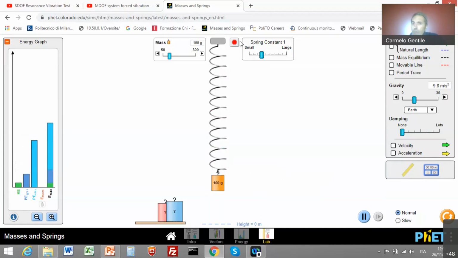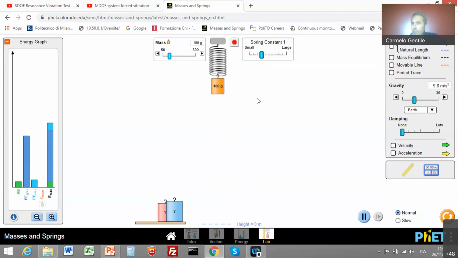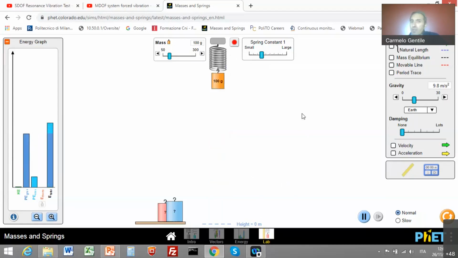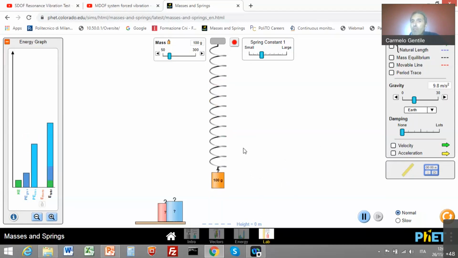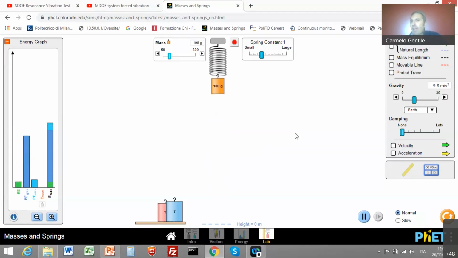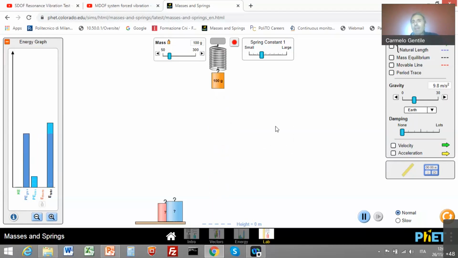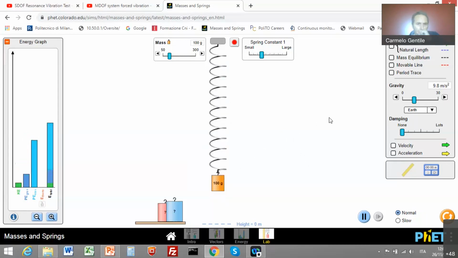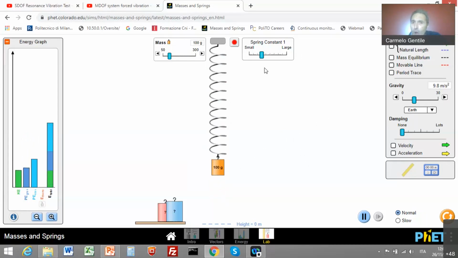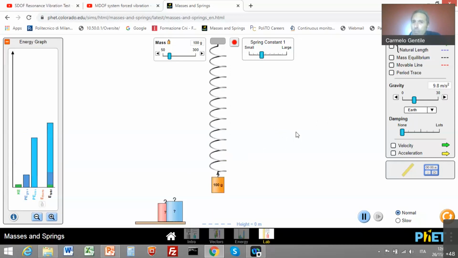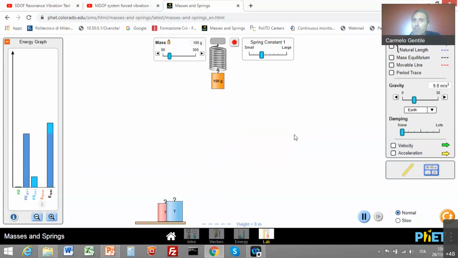Now, what have we said? We have said that if the stiffness of the spring decreases, the frequency of this motion will decrease as well. In addition, the fundamental period, which is the opposite of the frequency, will increase as well. So I'm going to decrease, for example, the value of the spring constant.